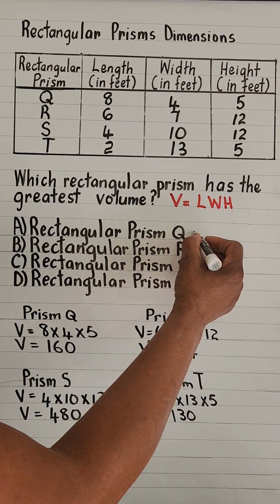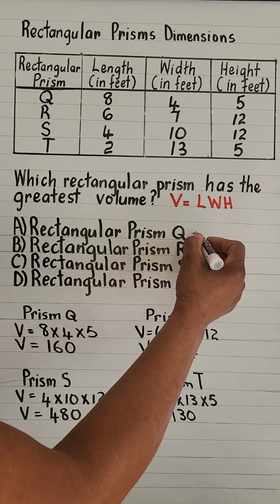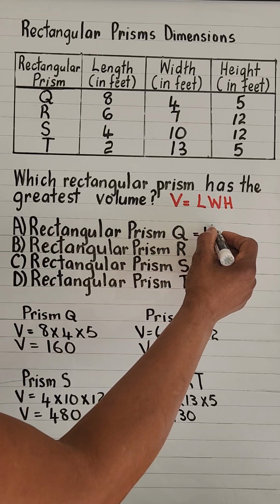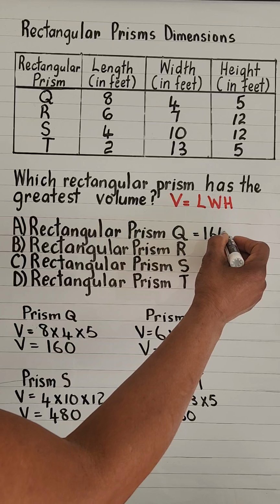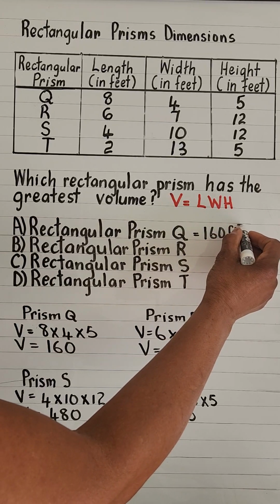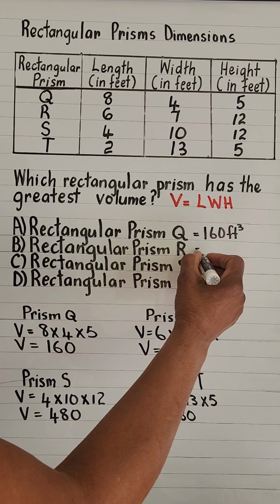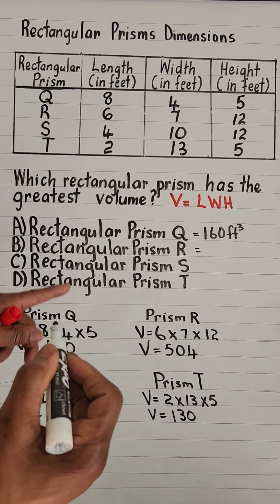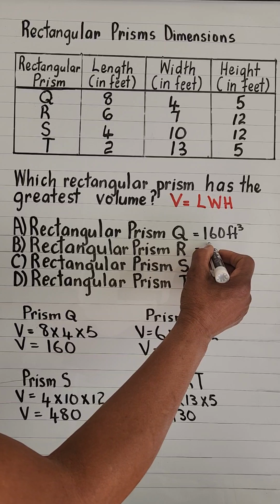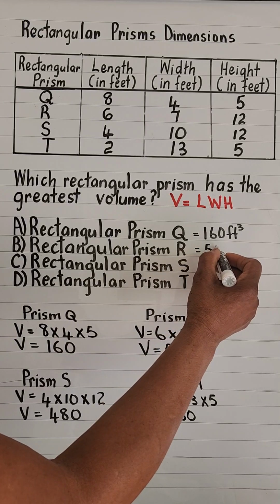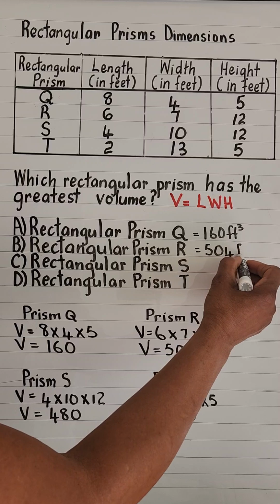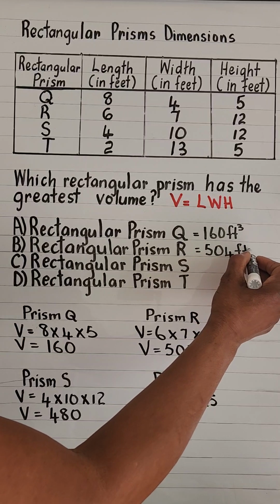So prism Q is equal to 160 feet cubed. Prism R, 504 feet cubed.